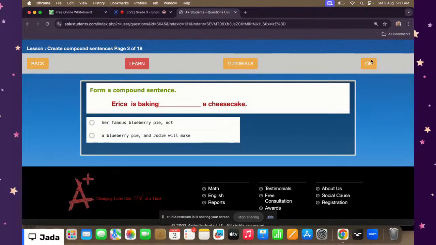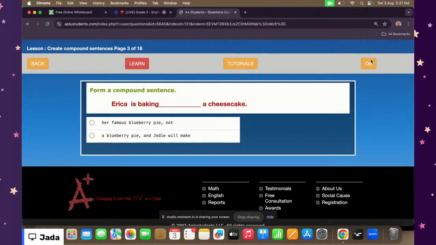Erica is baking dash a cheesecake. What is the answer here? Option what?